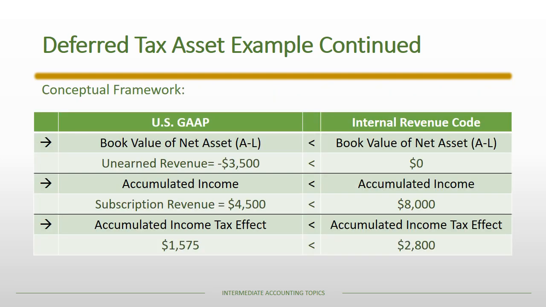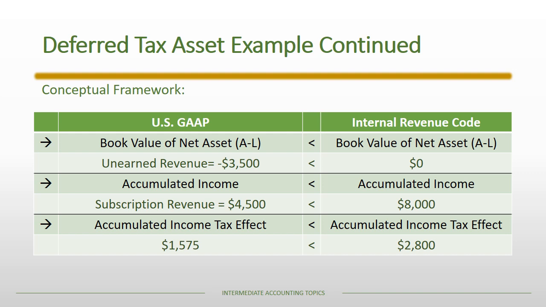Throwing this into the framework, again, we have the unearned revenue account balance of $3,500 under US GAAP. There is no unearned revenue under the Internal Revenue Code. But now, just sort of coupling this subscription revenue together, we can see that this delayed payment, we would have recorded $4,500 under US GAAP, but we actually would have recorded a total of $8,000 under the Internal Revenue Code, the $4,500 in 2020, and additional $3,500 in 2021.